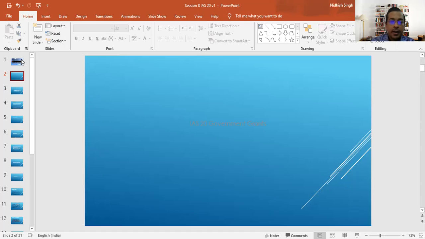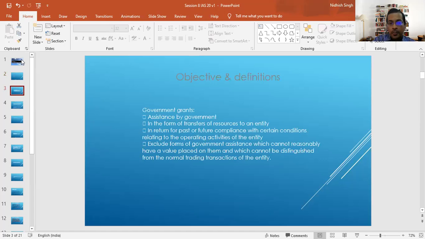Government provides grants in various forms. Some become a balance sheet item, which is a kind of asset. They can provide the asset or finance the buying of assets, or they can also give some revenue support, which is more like an income. So in both ways, governments can support.